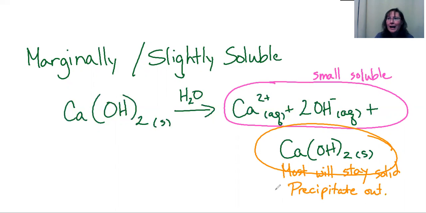Because of that, if I ask you for something that's insoluble, or what will precipitate out, you need to include marginally soluble and slightly soluble in your insolubles. Even though some of them will dissociate in water, most of them will not. So it's very important that marginally and slightly solubles be linked with the insolubles.